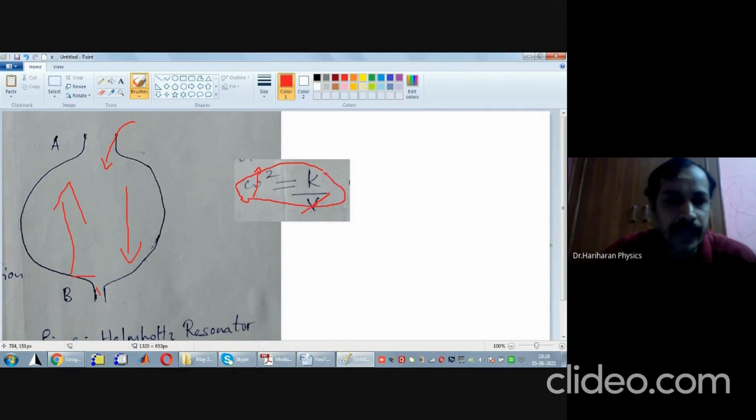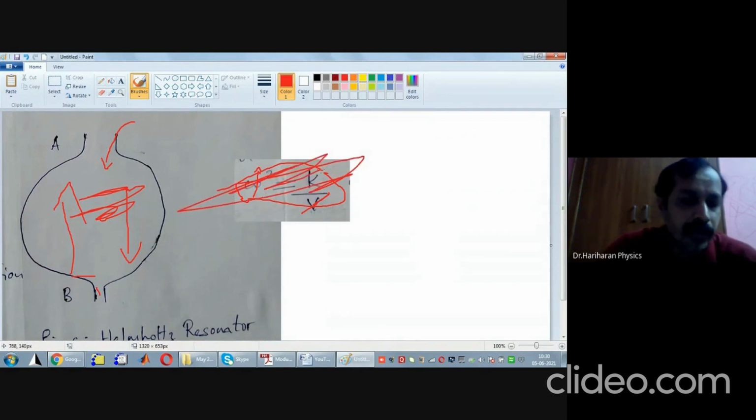Of course K is a constant that depends on what kind of air is there inside this medium. So this is briefly the construction and working of the Helmholtz resonator. If you just merely blow air, the air column inside the resonator will be set into vibration, and if the applied frequency matches the natural frequency of vibration as given by this expression, then the amplitude increases and you will hear a louder sound emerging from the resonator.